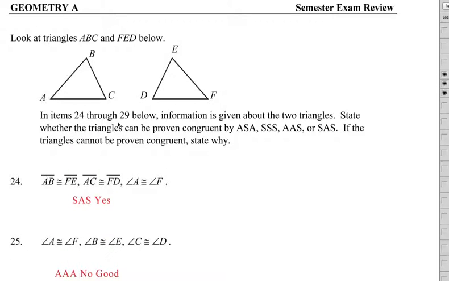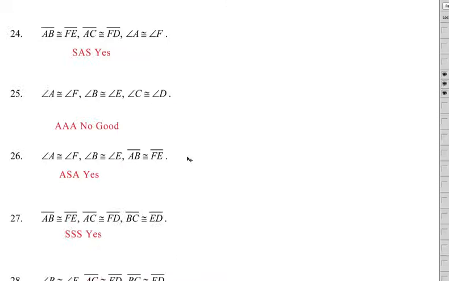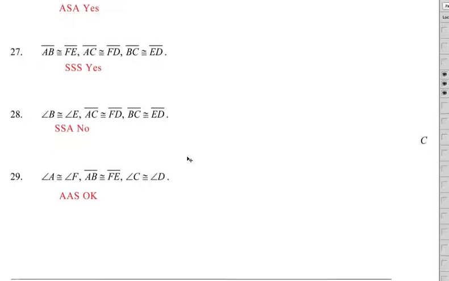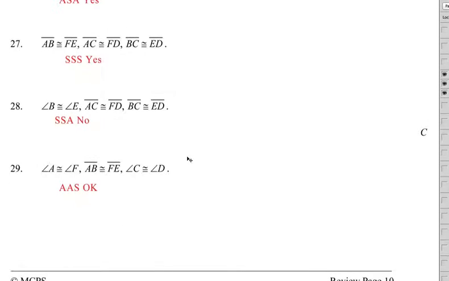Angle B and angle E. And that's right about angle E and angle B, right? Okay. Then we got, we got to take a look. And AC, FD, BC, ED.